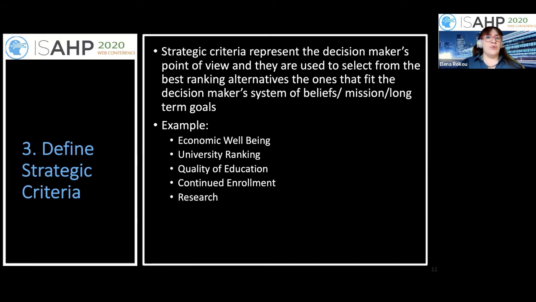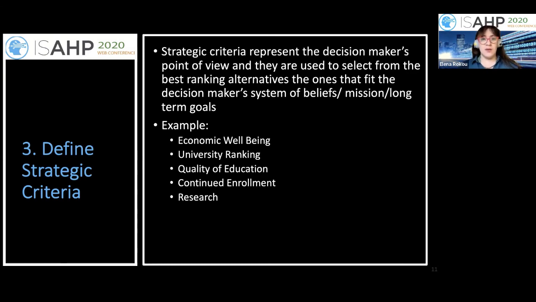So in order to find strategic criteria, we want to look into the beliefs of the decision maker, the mission, long-term goals, short-term goals, anything that could show us what's the real perspective of the decision maker. What are the core values of that organization?